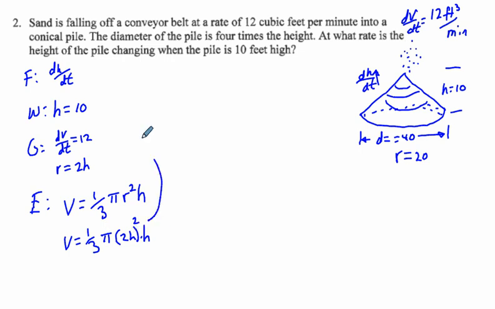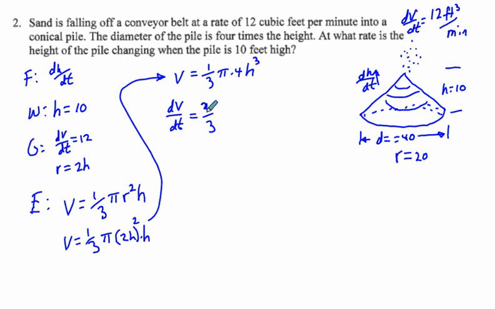And then we can come up here. I'm going to rewrite the equation up here. V equals 1/3, and I'll put pi, and then 2 squared is 4 times h to the 3rd power. And now, implicitly differentiating on both sides, we have dV/dt is equal to 1/3, and then we multiply by 3 in differentiating.